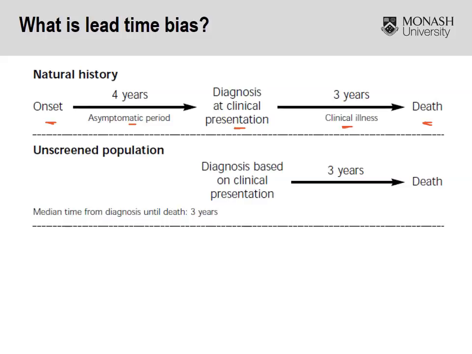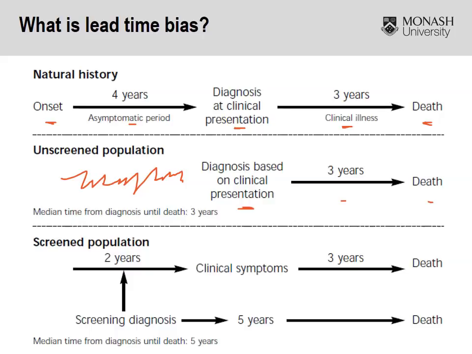So in an unscreened population, we don't take into account this history in terms of preclinical presentations. We just get the clinical presentation, we get the 3 years, and then we get the death. So it seems like the time from diagnosis until death is 3 years.